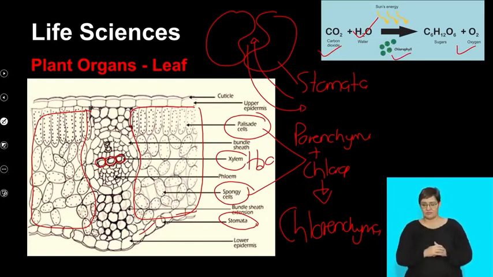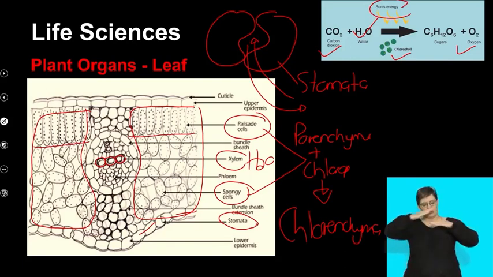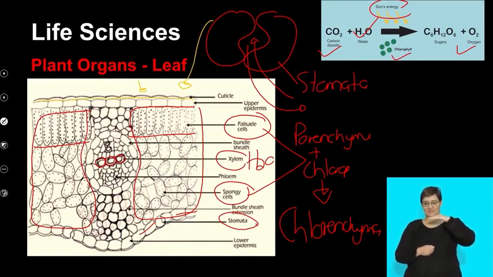How do I sort out my sunlight? Nice and easy. Look at these cells over here. Where are they? They're at the top. Where does sunlight come in? From the top. Guys, these two layers, the cuticle and the epidermis, are transparent.